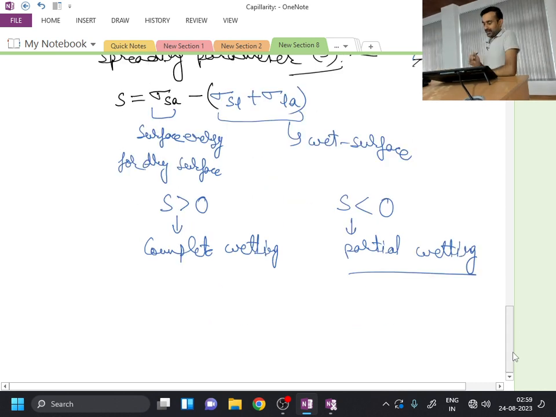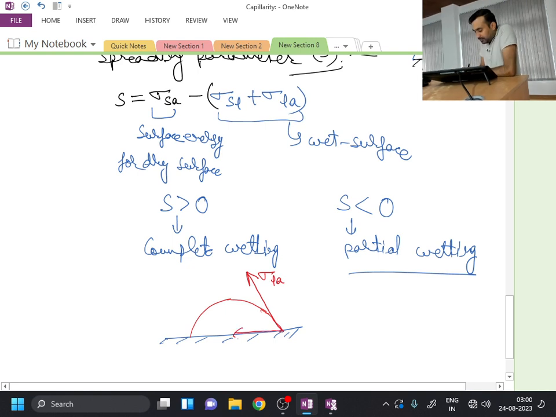So basically what happens, if you have a solid surface, and over this solid surface you have a drop, once it has settled, it will be forming one angle. So this is your sigma liquid-air.